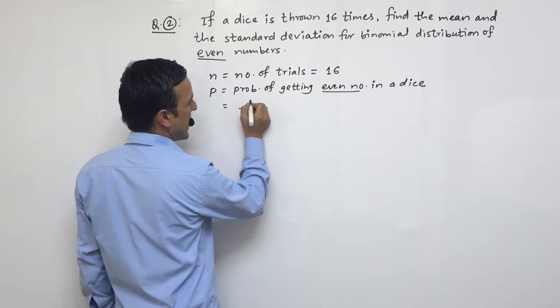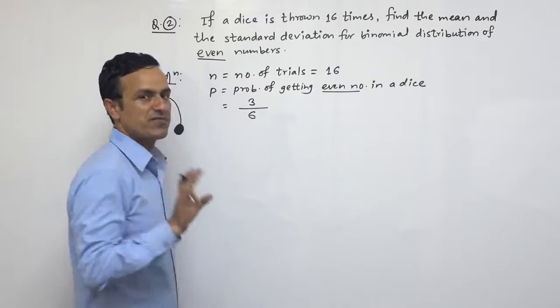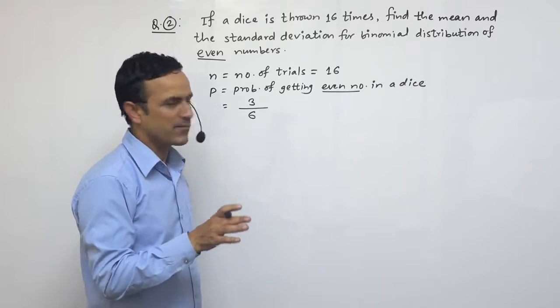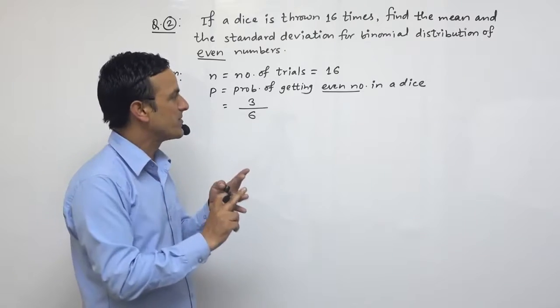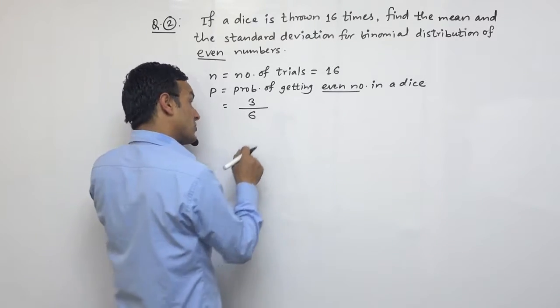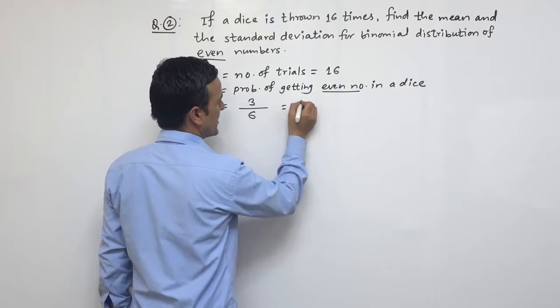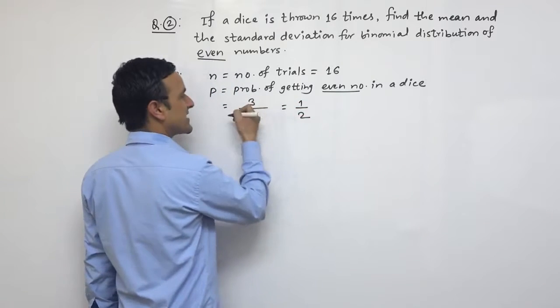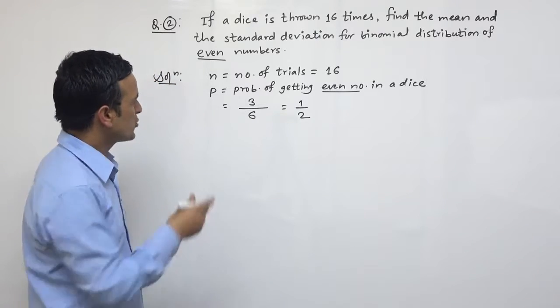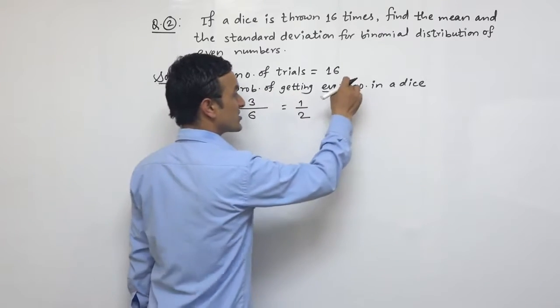So altogether we have 3 even numbers in a dice. Even dice भन्ने बित्तिकै हाम्रो 2 even number, 4 even number, 6 even number. 6 भन्दा बढी हामीसँग हुँदैन. So 3 upon 6, and if you cancel it, then it will be 1 upon 2. So this is the probability of getting success.